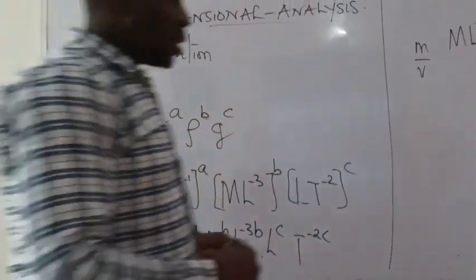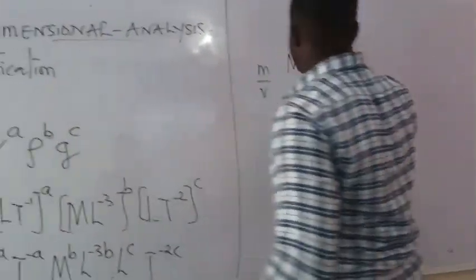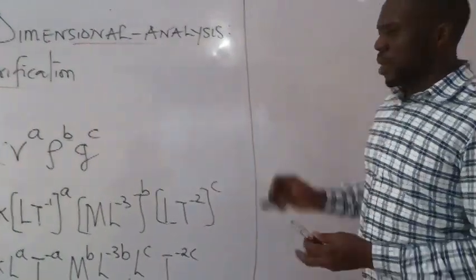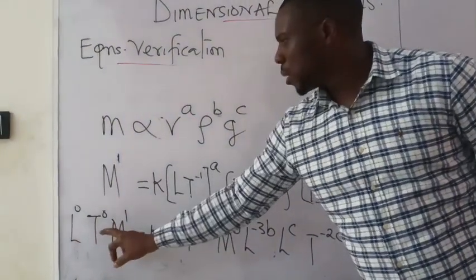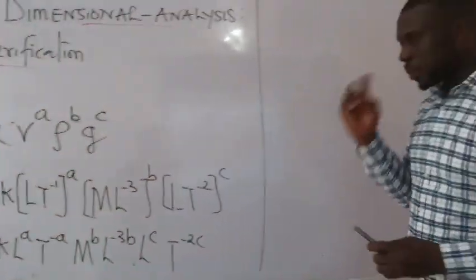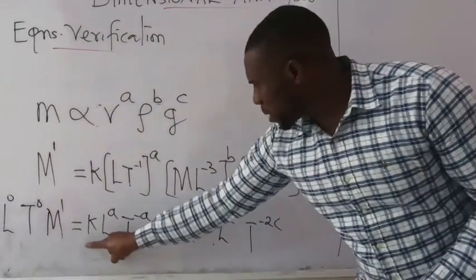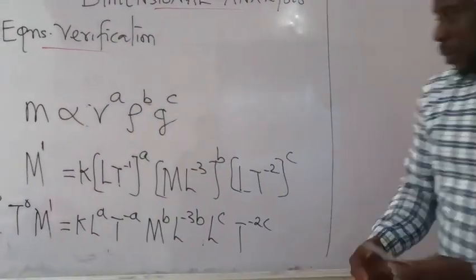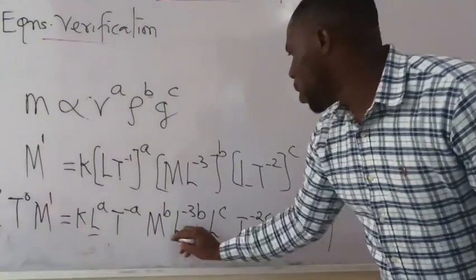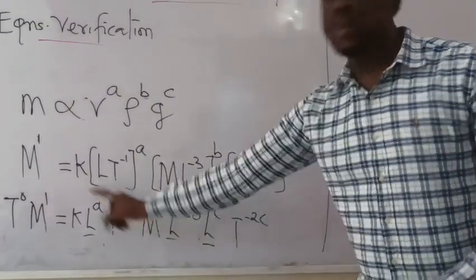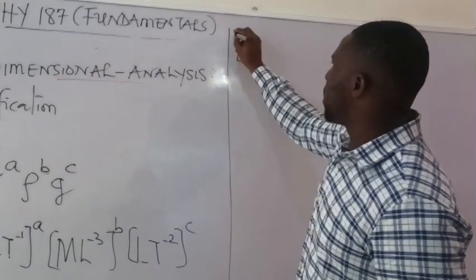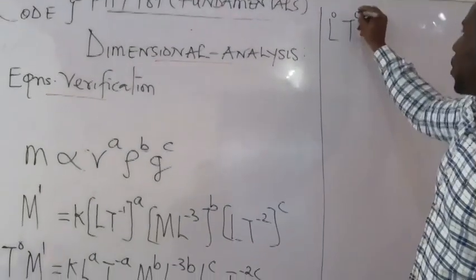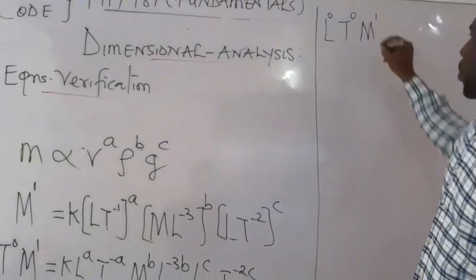The next phase would be to compare the powers of L, T, and M on both sides. But I may need to do some massaging on the right-hand side, because you can see L appears more than once and T appears twice, so I may use the law of indices to group them. I have on the left side L raised to power 0, T raised to power 0, which is 1, and M raised to power 1.